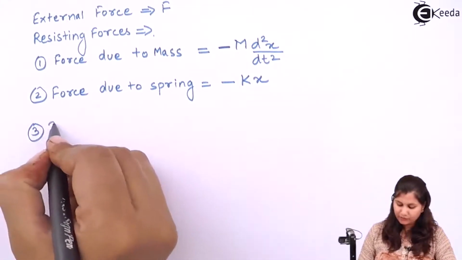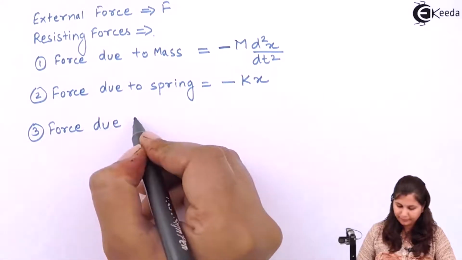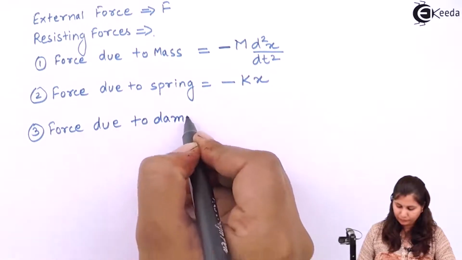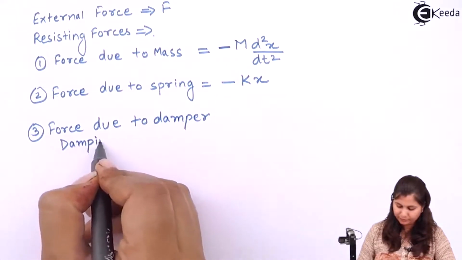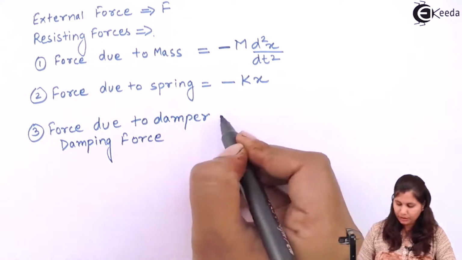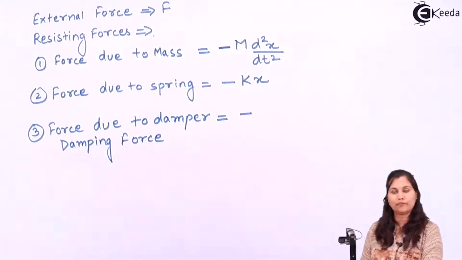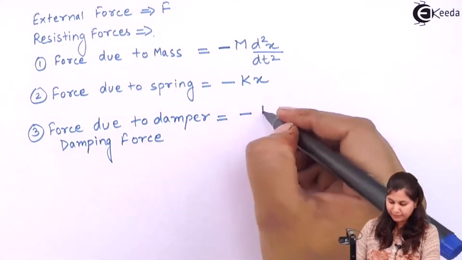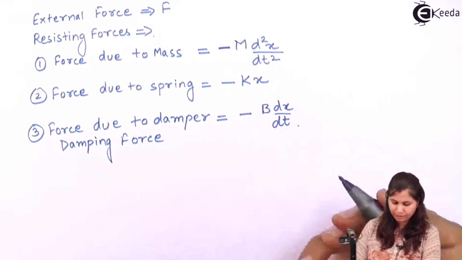So next we will have the force due to the damper. We can also call it the damping force. So it will also have a minus sign because it is resisting the motion of the body. So minus b dx by dt.